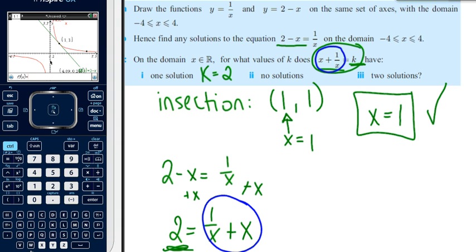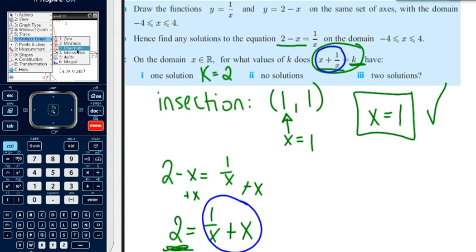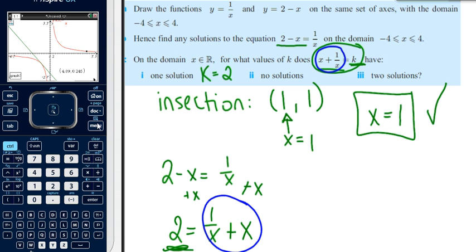If we make that -2 minus x instead of 2 minus x, we're also going to again get 1 solution.